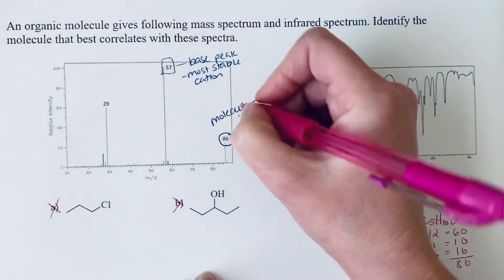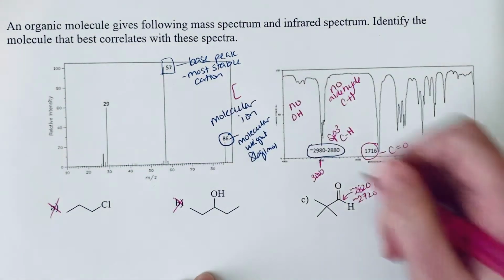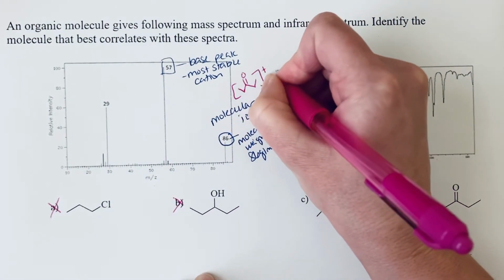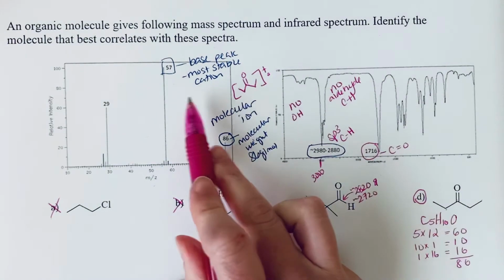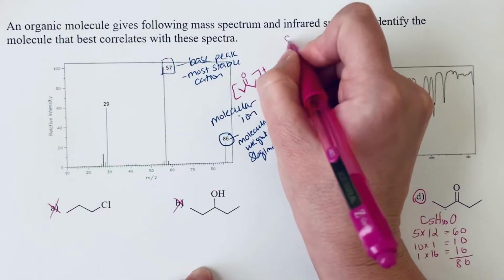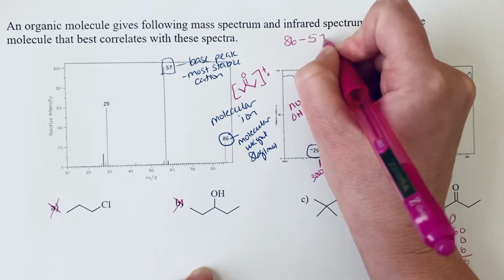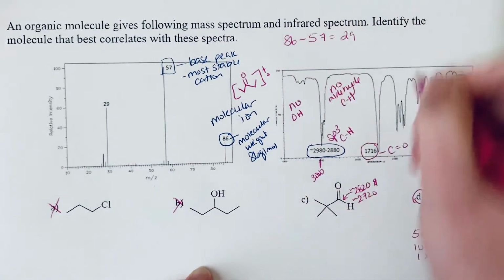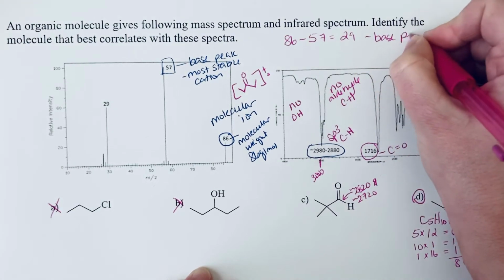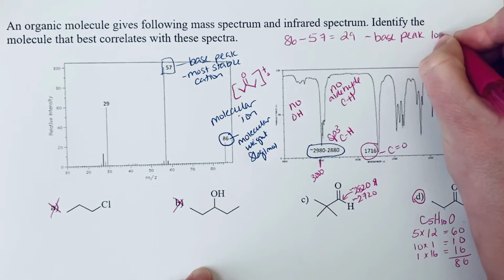Your molecular ion would be this entire molecule as a radical cation. Then we should also be able to explain that base peak. We can see that 86 minus 57 is 29, so the base peak comes from the loss of an ethyl group.